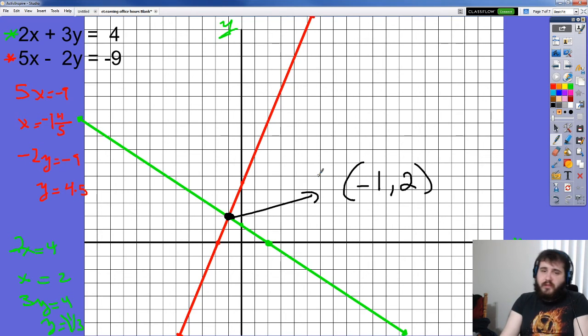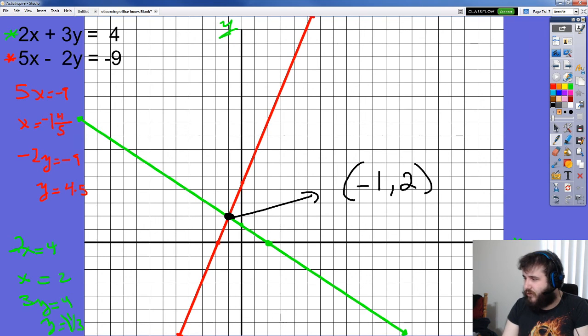Now, the one thing to be careful about with a method like this is that it's a really good way to visually show what's going on, but it's a bad way to get good, accurate answers. I often tell people to avoid doing it this way whenever possible, especially by hand.